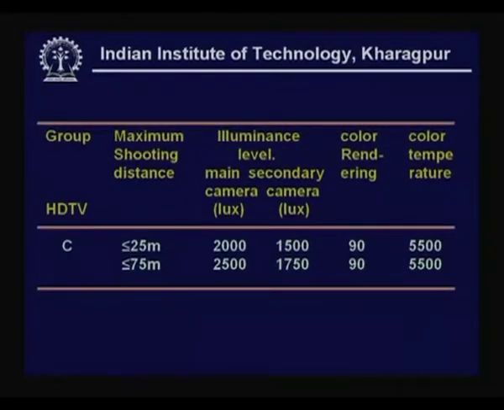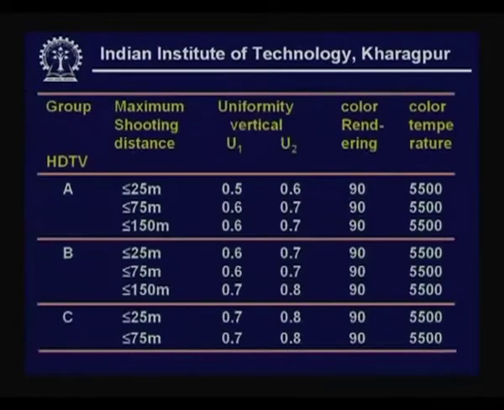So, the lux levels required go up to about 2500 lux, and the color rendering goes to 90 at 5500 degree correlated color temperature.